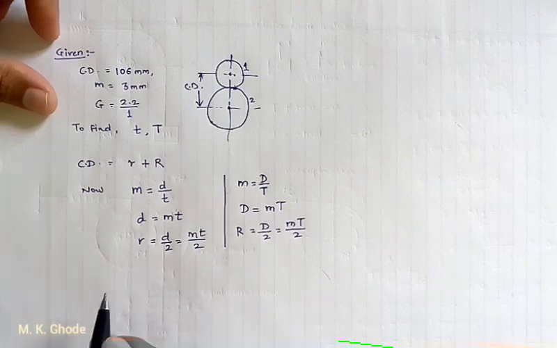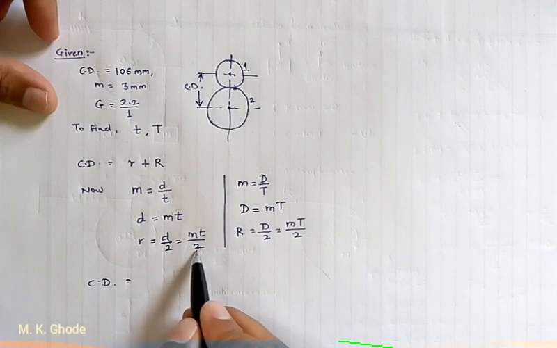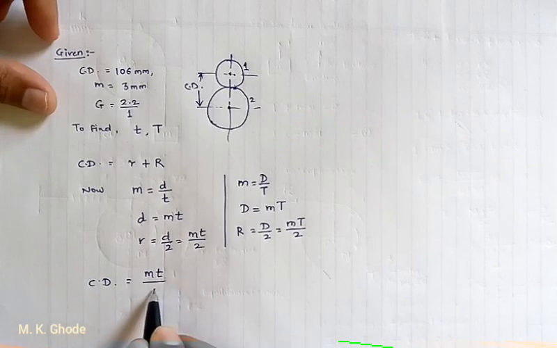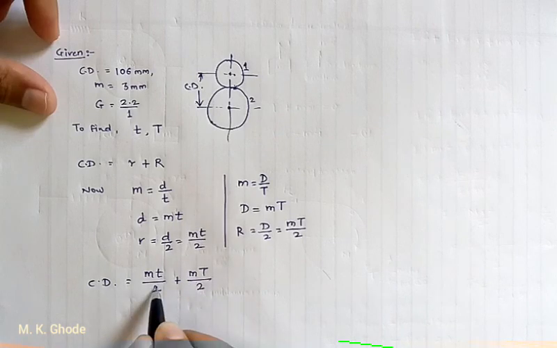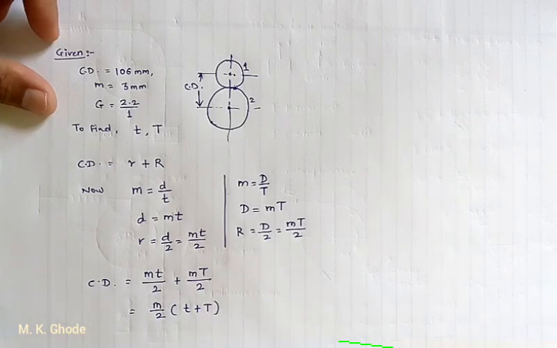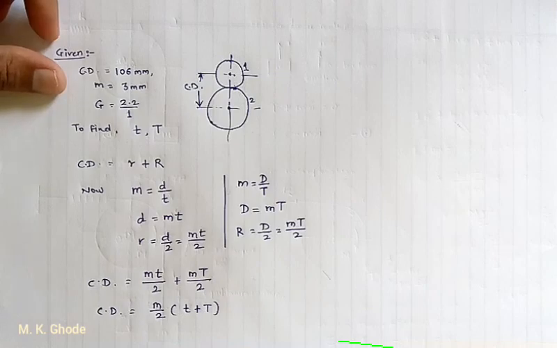So we are going to write the center distance formula in terms of the values of m and t. So small mt upon 2 plus capital MT upon 2, small r plus capital R. So now we have got m by 2 common into bracket small t plus capital T as the center distance.